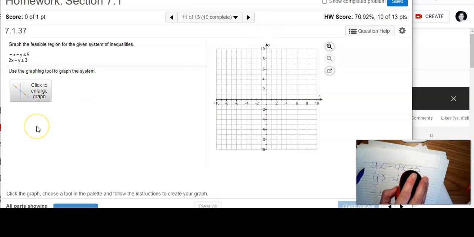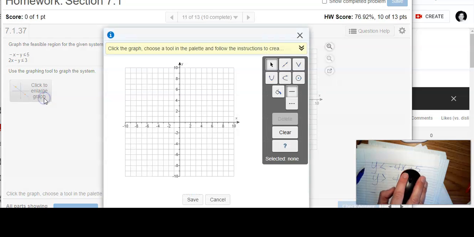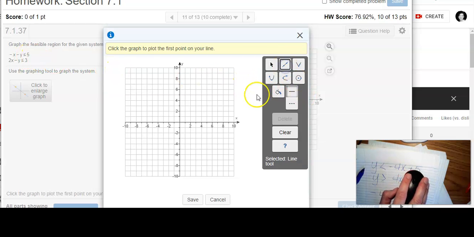And now we go to 11. I am going to plot the first one with intercepts. The first one is negative x minus y is less than or equal to 5, so I need a solid line. If I zero out x, I've got 0 minus y is less than or equal to 5, so y would have to be negative 5.